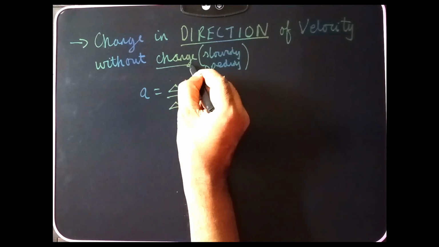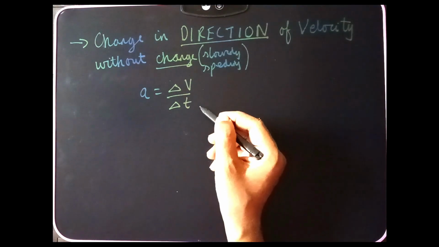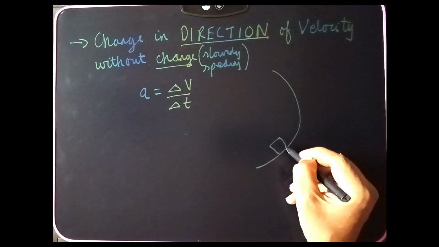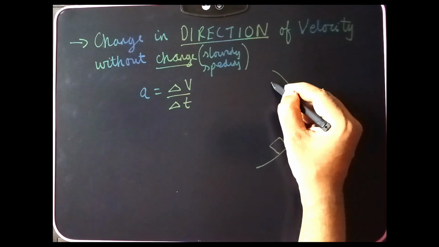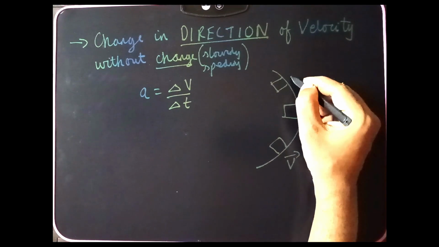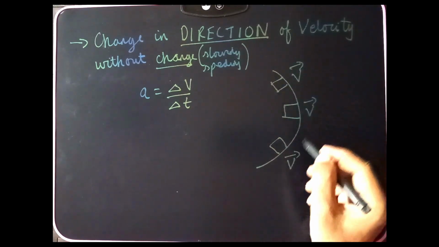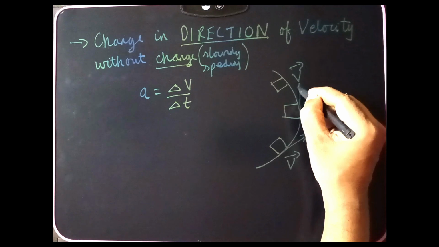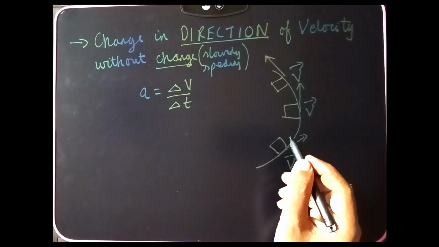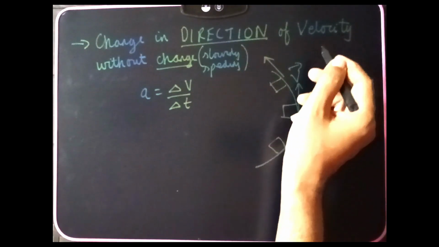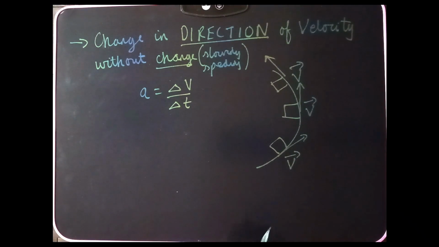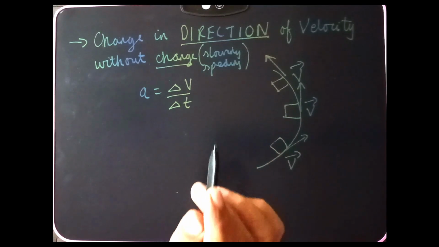Here there is no change in velocity magnitude because there is no speeding up neither slowing down, but the direction has changed. So even when there is a change in direction of the velocity without change in the magnitude of the velocity, acceleration is still there. Acceleration is defined.